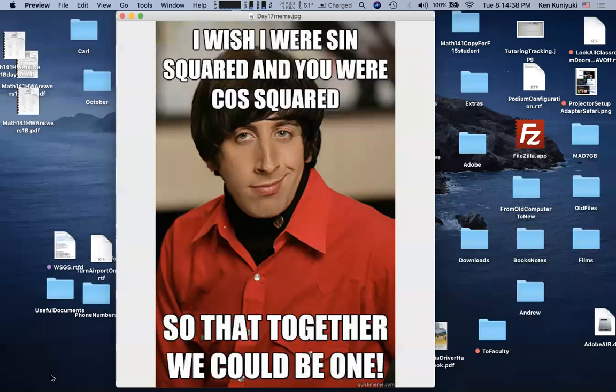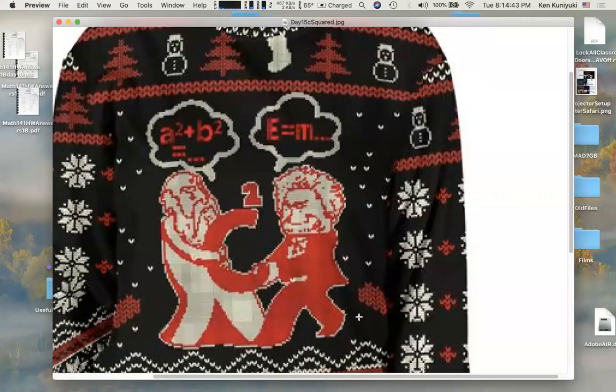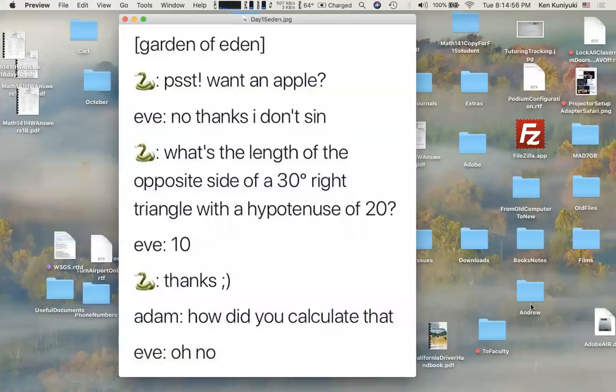That's Wolowitz. By the way, here are a couple more I forgot from last time. Pythagoras and Einstein fighting over c squared. I thought that was kind of cute. You can buy sweaters. This one.